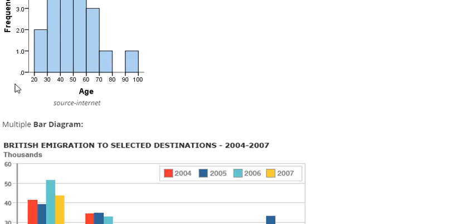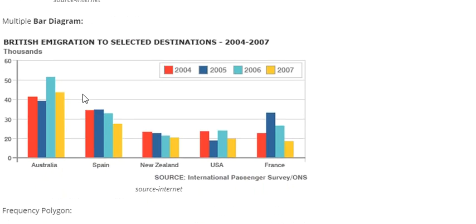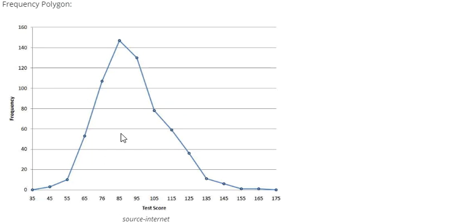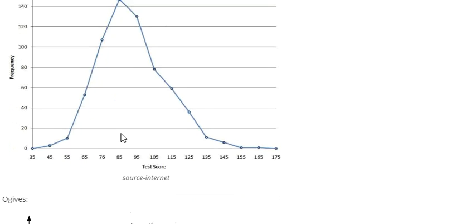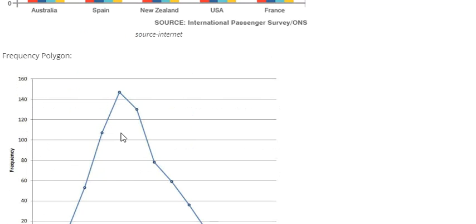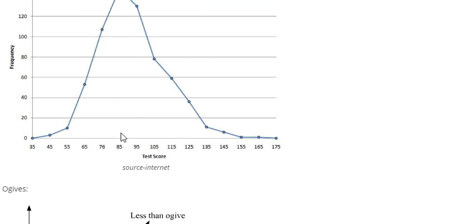So the frequencies will be 0 and the midpoints will touch the x-axis. Joining all these points will give you a frequency polygon. A frequency polygon is always a closed figure. It is constructed from the histogram.